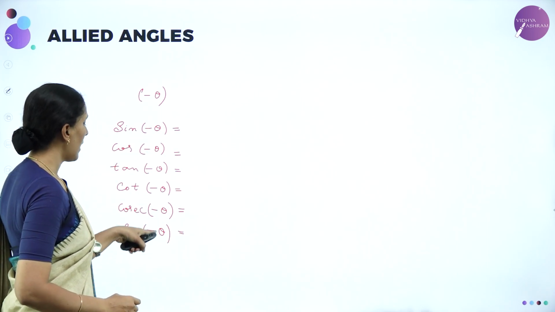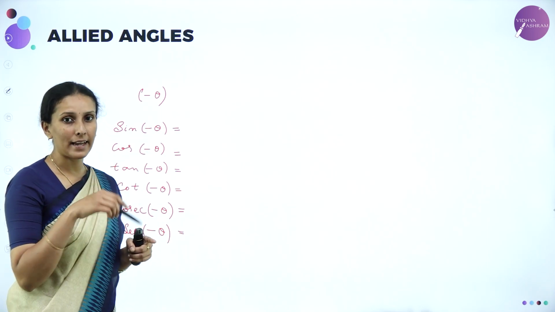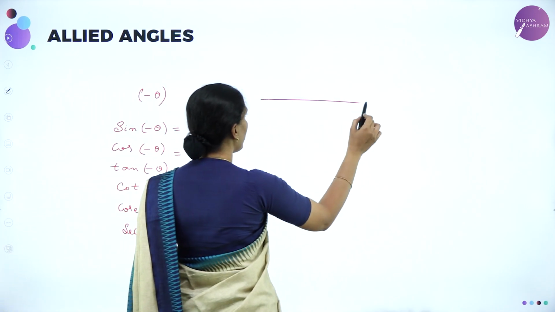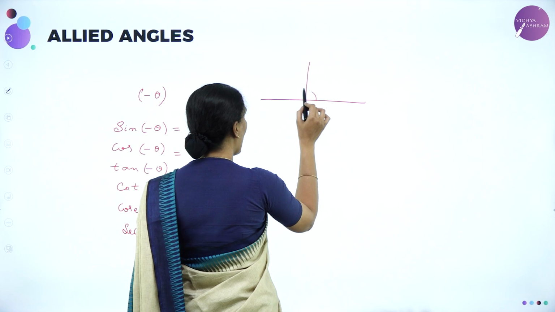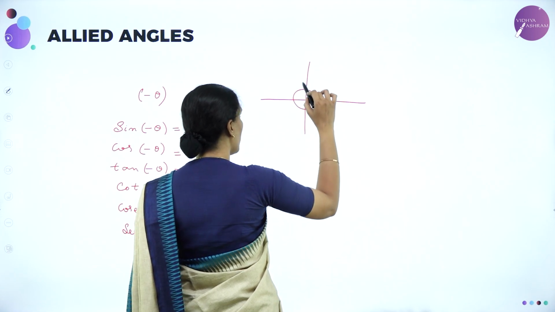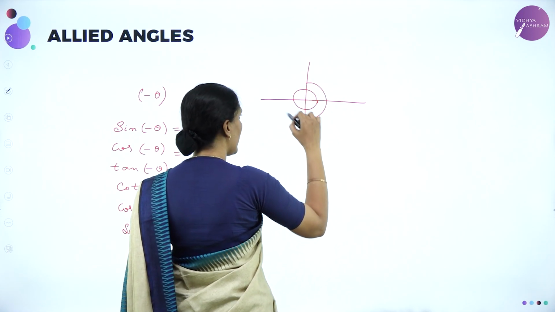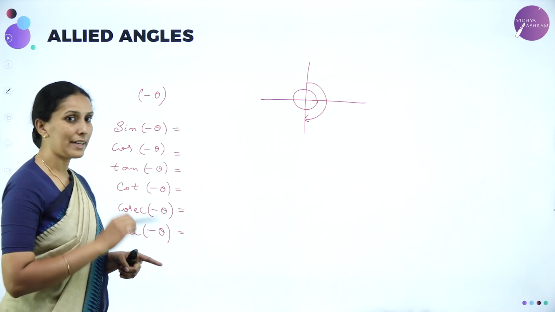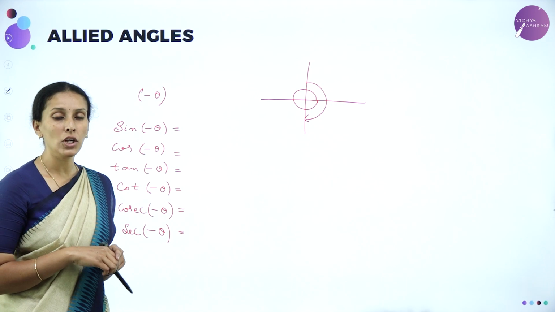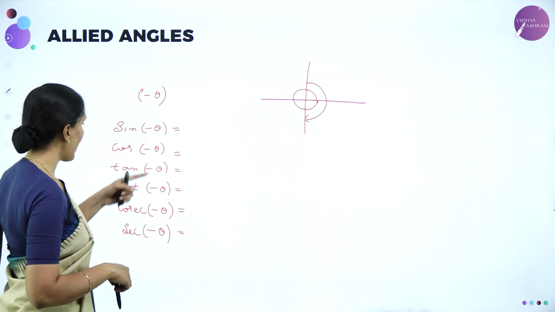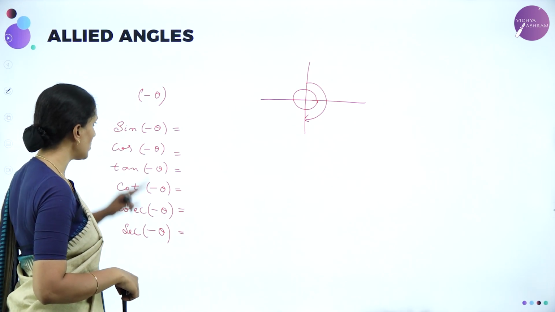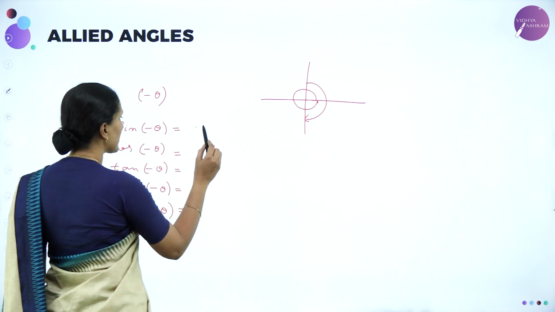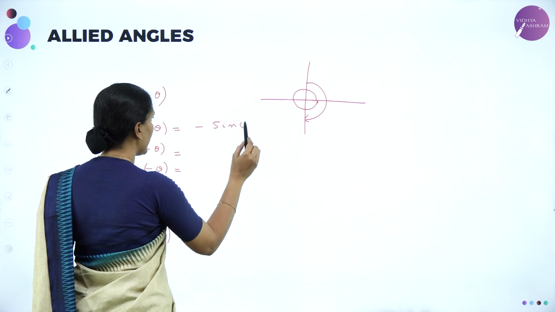This happens when the angle is taken in a clockwise direction. Usually we always take an angle in the anti-clockwise direction. When the direction changes, it is written in the form of minus theta. So all these minus signs indicate the angle is measured in the clockwise direction.